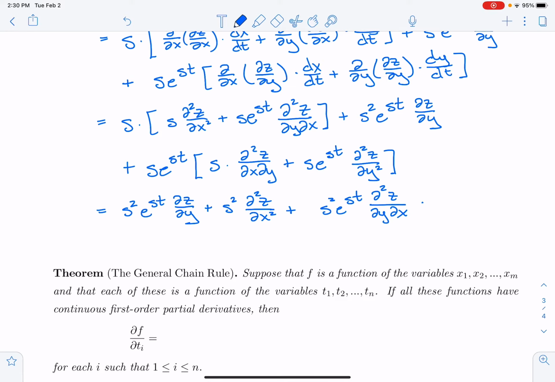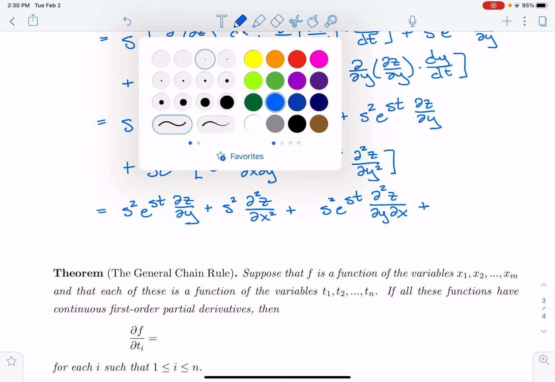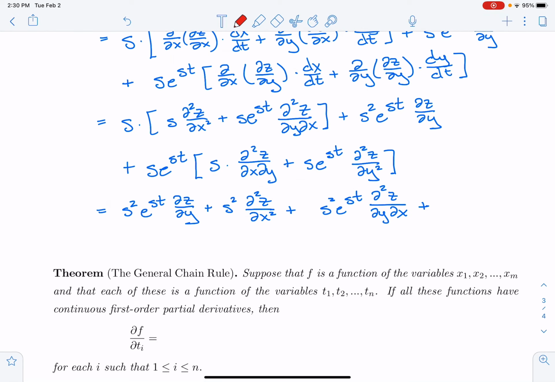Okay, plus, and if you look, the next term is s squared e to the st and then that mixed partial, and we know the mixed partials are equal, so we know essentially that this term right there is going to end up equaling this term.